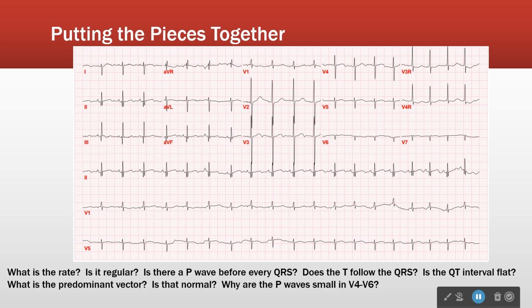Is there a T wave after every QRS? Harder to tell some of these. You have to use your imagination a little bit. T, T, T. Is the QT interval flat? This really does show you nice and flat. Gotta love this. The baby is like, yep, I have absolutely no ST elevation, which I shouldn't have.